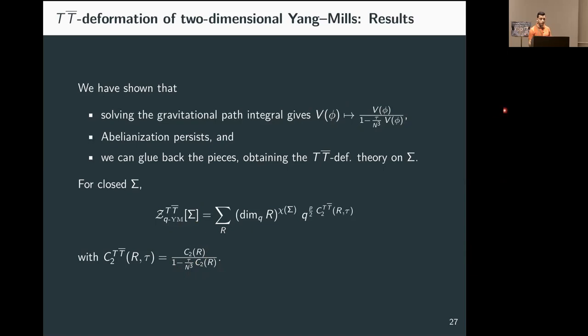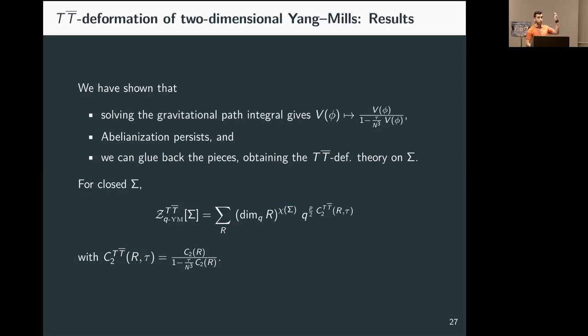Well, first of all, it has been obtained by other authors prior to our work, first by Conti, Iannella, Negro, and Tateo, by direct solution of the flow equation, and later by Ireland and Shyam, both in the case of ordinary Yang-Mills. But both solutions were in some sense conjectural because they assumed that we had a matrix model and then they plugged the TT-bar deformation in at the matrix model level.